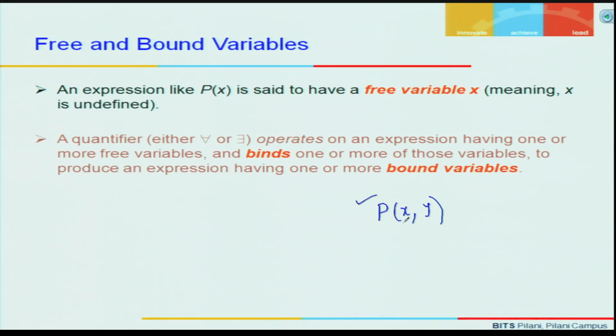Then both these variables are free. Suppose I say for all x P(x,y). Then for the variable x I have a quantifier, hence x becomes a bound variable, and because there is no quantifier working on y, y remains a free variable.